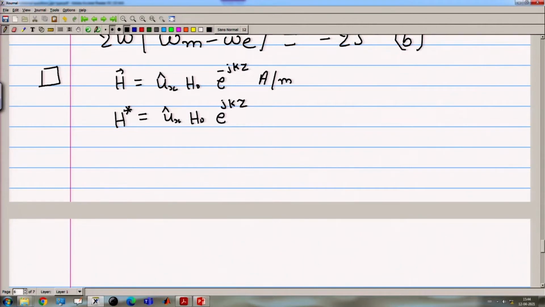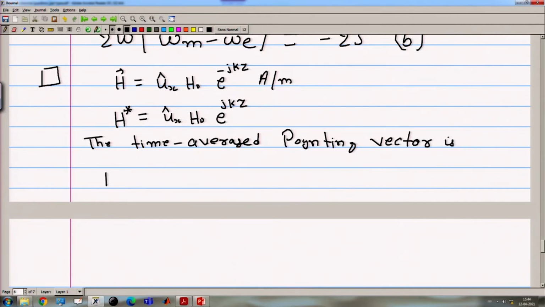Time average Poynting vector will be 1 by 2 real part of E cross H star.